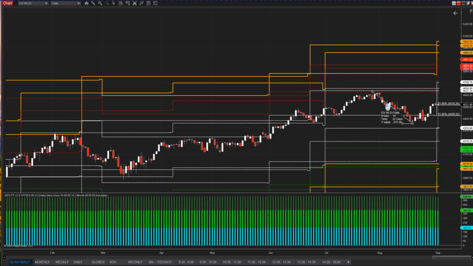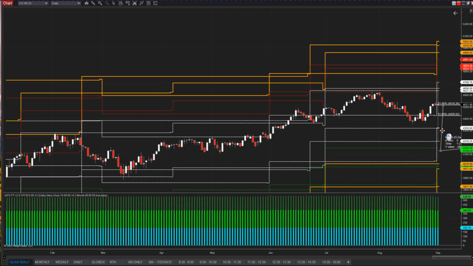So if it stays within the 385, we can adjust this to 385, something like that. Can't get quite exact. There we go. Close is close enough, right?